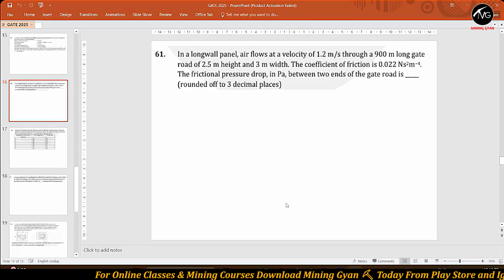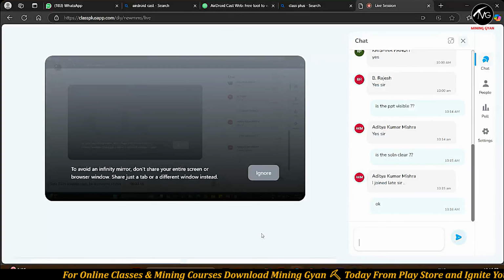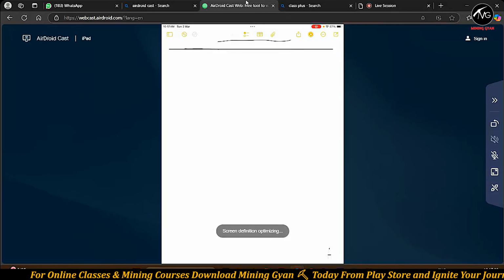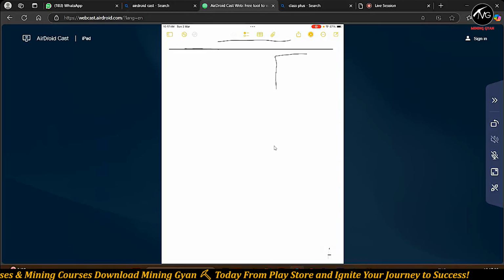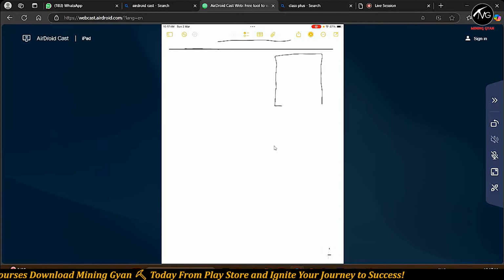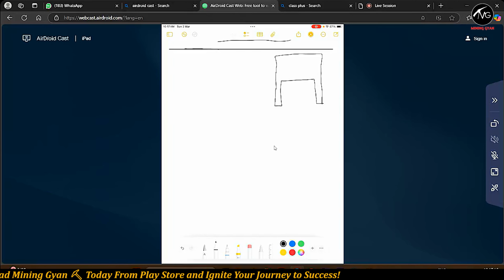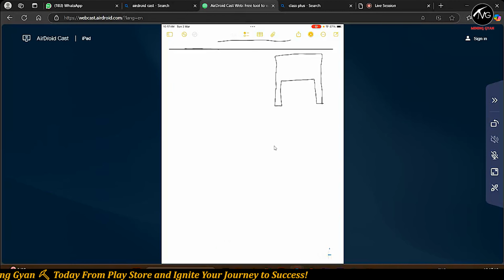So basically, the question is saying that there is a Longwall panel. And this Longwall panel has a gate road of length 900. One gate road, the return gate road, is also there.